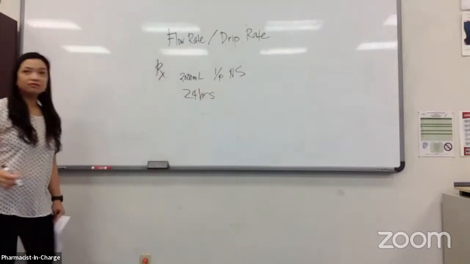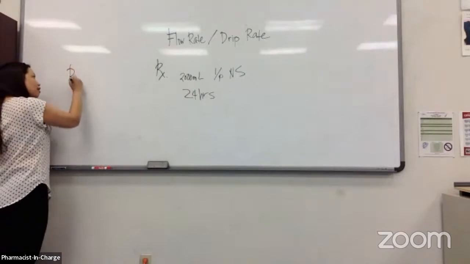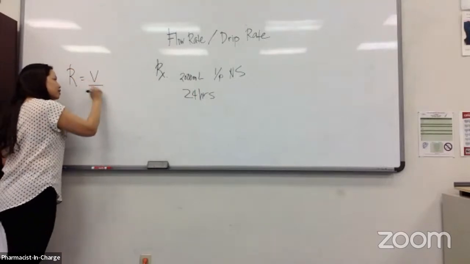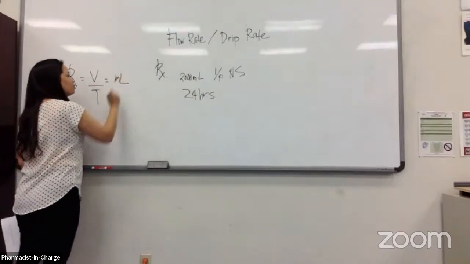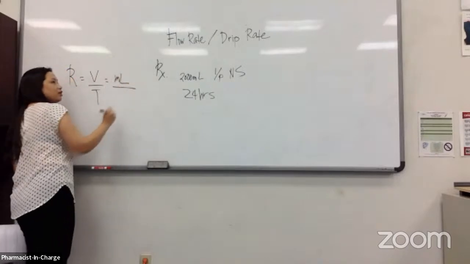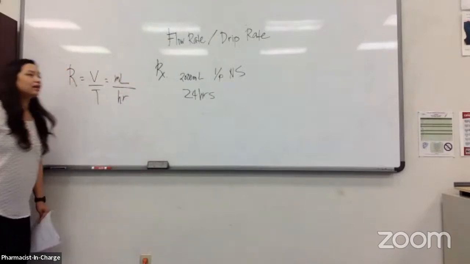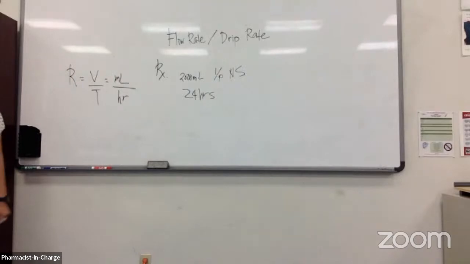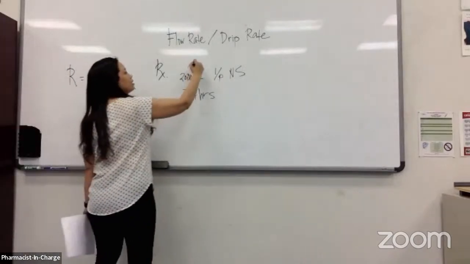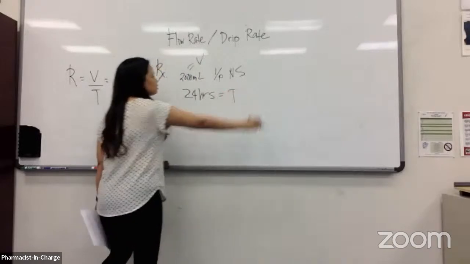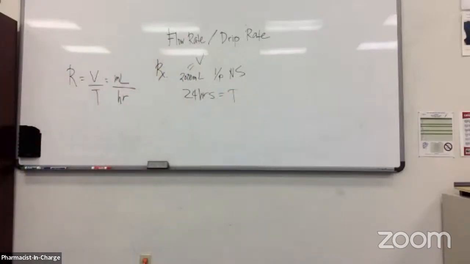What is the flow rate? Remember, put here on the side, R equals V over T, where your V will always be in ml and your T will always be in hour or hours. Isn't it simple? As long as you can identify.